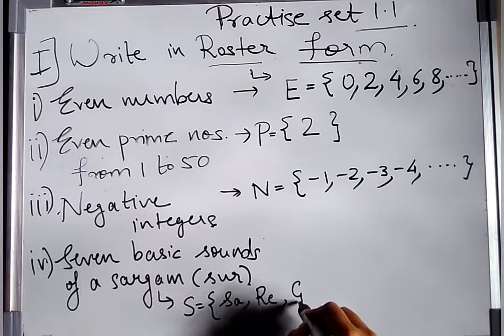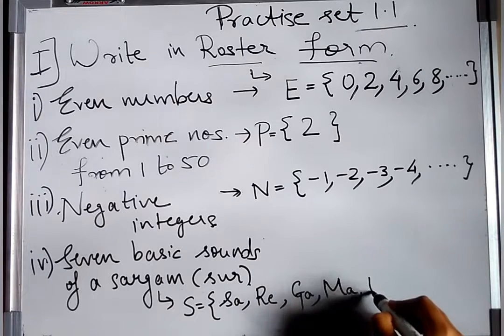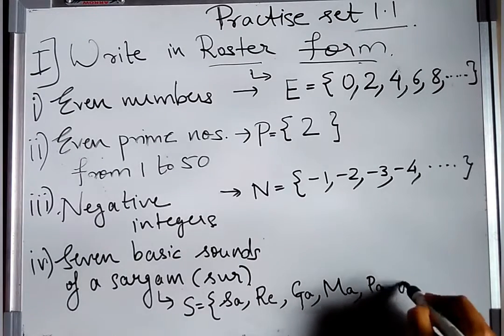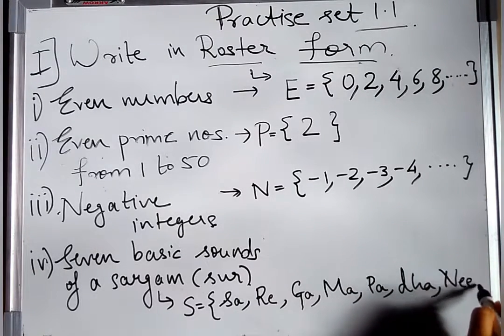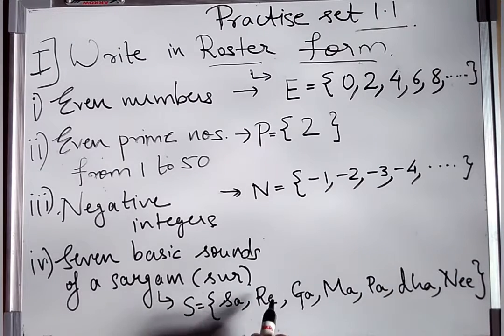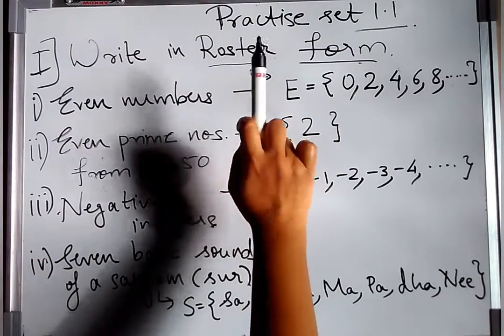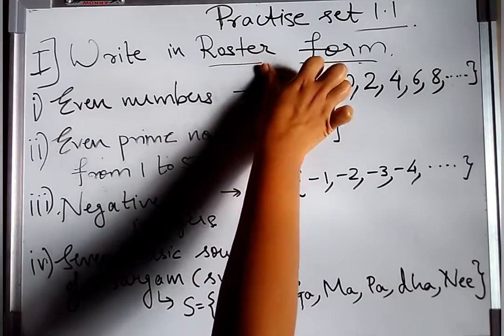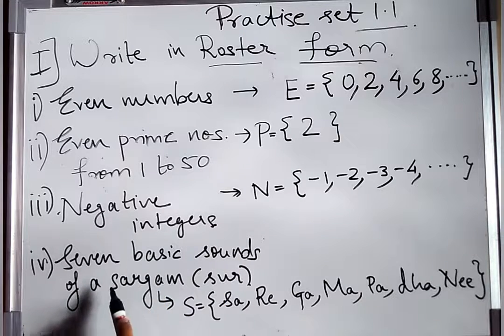Sa, Ri, Ga, Ma, Pa, Dha, Ni. 1, 2, 3, 4, 5, 6, 7. Alright, so we are done with the first question. The question was writing the sets in roster or list form: even numbers, even prime number, negative integers, and 7 basic sounds of a sargam.